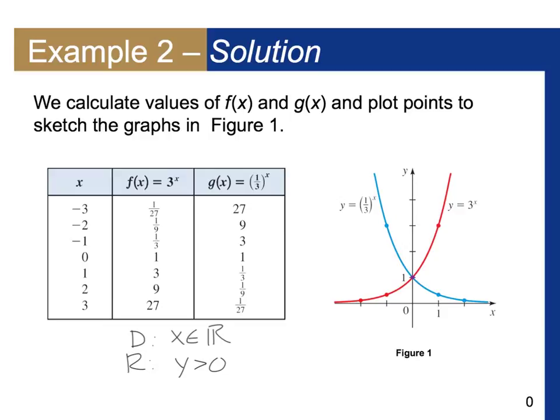Think about it: we're changing our x to the opposite sign. So y equals 1/3 to the x is the same thing as y equals 3 to the -x, which is the same thing as 1/3 to the +x. When you change the sign of x, you reflect across the y-axis.